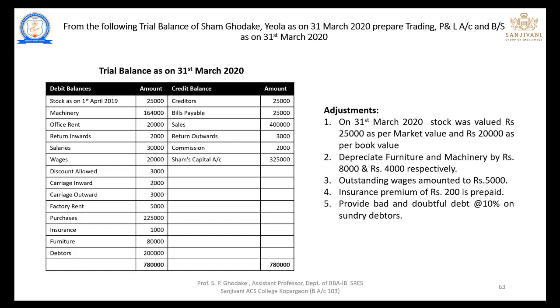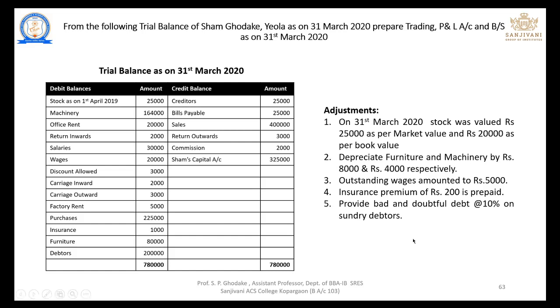And various adjustments were given. The first adjustment is on 31st March 2020: stock was valued at rupees 25,000 as per market value and rupees 20,000 as per book value. Those are the two values given. The second adjustment is to depreciate furniture and machinery by rupees 8,000 and 4,000 respectively.